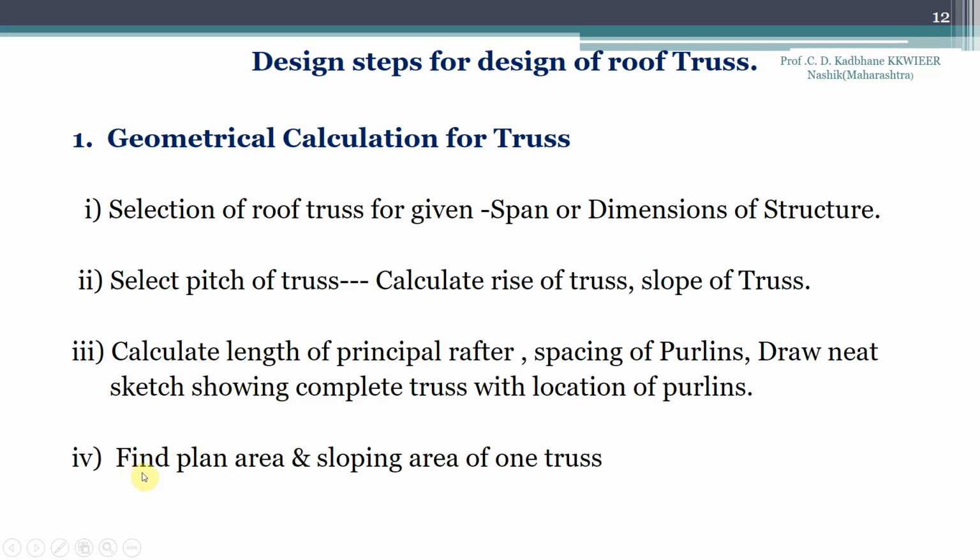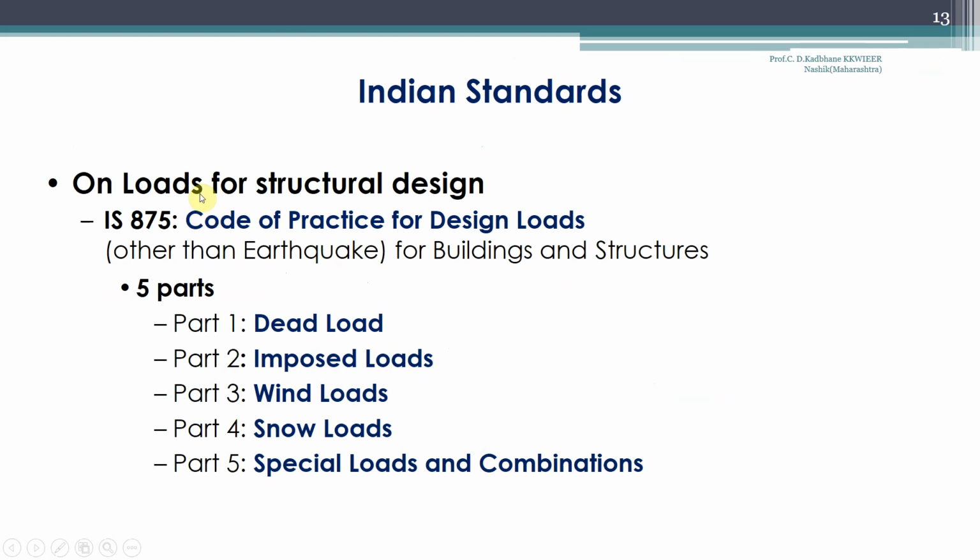Afterwards, we have to find out the plan area and sloping area of one truss. For finding plan area of roof truss, we have to consider span multiplied by the spacing of truss. Whereas if you want to find the sloping area of one truss, then 2 into length of principal rafter into spacing of truss will be considered. So for finding dead load on a roof truss, we have to consider IS code IS 875 part 1.